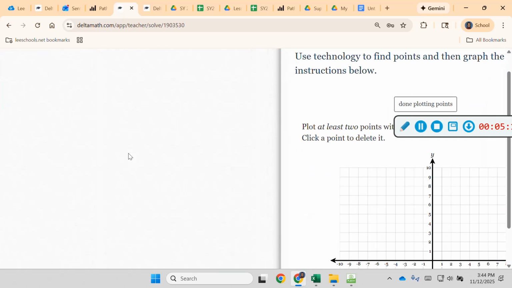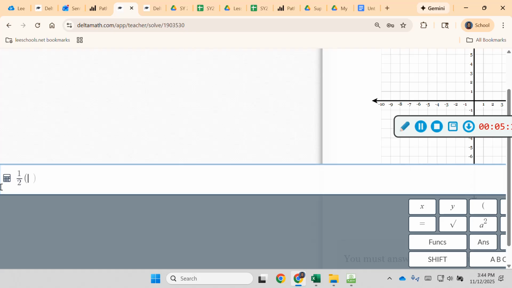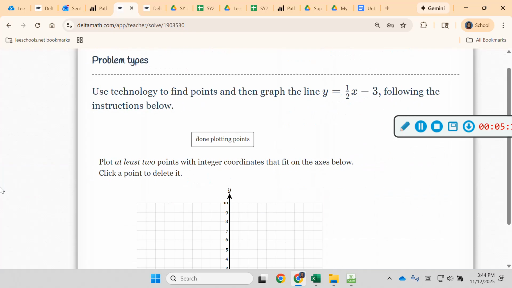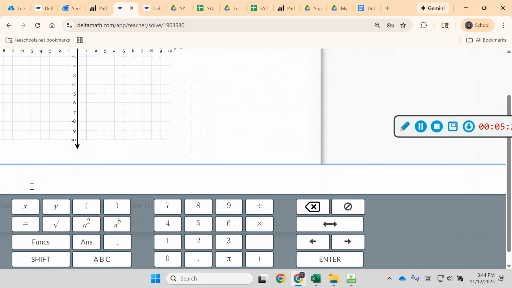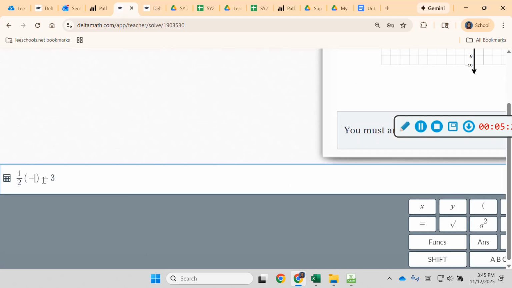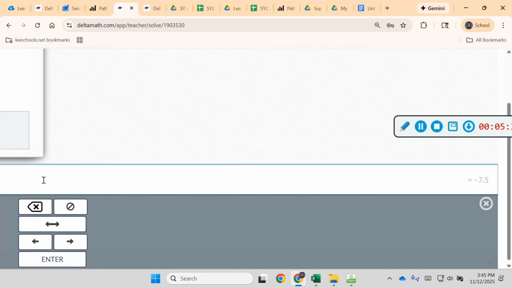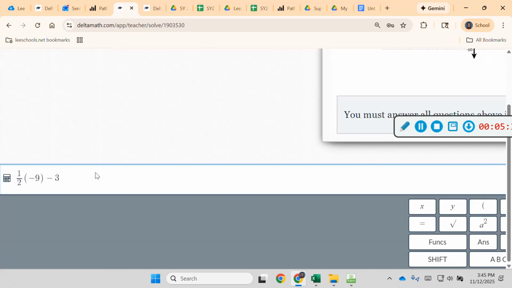So 1/2. I type 1/2, parentheses, minus 3, and then I start with the furthest left, negative 10, and I got negative 8. So negative 10, negative 8. Then I try negative 9. I got negative 7.5, but I can't put a decimal on here. So then I'll try negative 8.